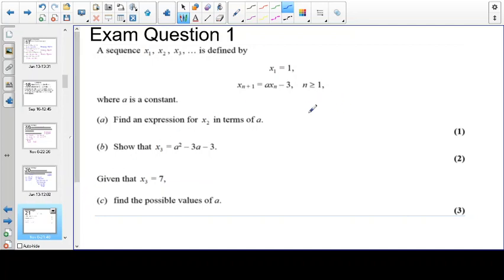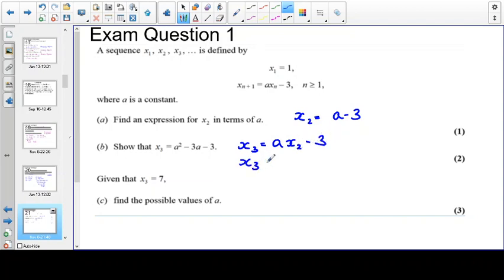Okay, so if we just go through the answers for you. Don't be confused by the x, if you just use x instead of u, it doesn't make any difference. So x2 is going to be a lots of x1 minus 3, so that's a minus 3, that's part A. Now it's talking about x3 here, so x3 is going to be a lots of x2 minus 3.